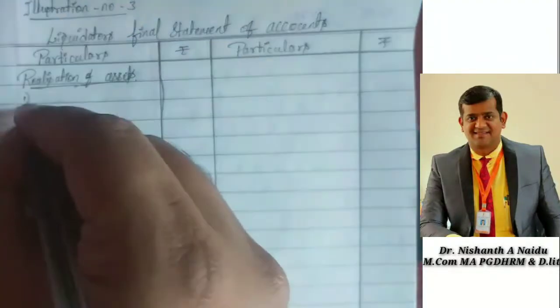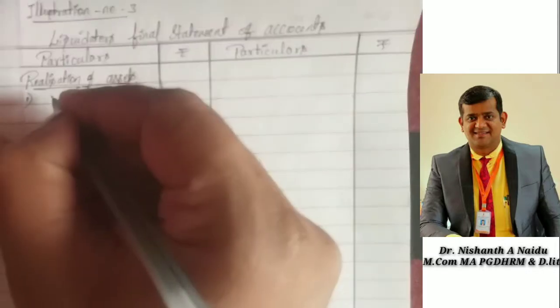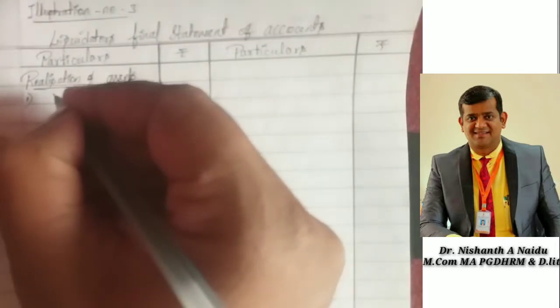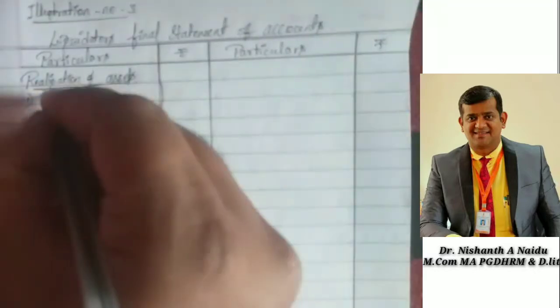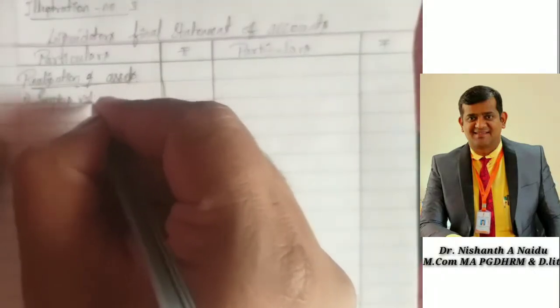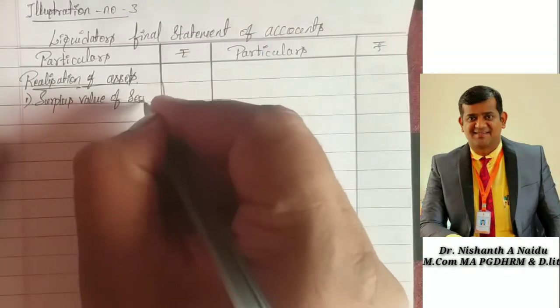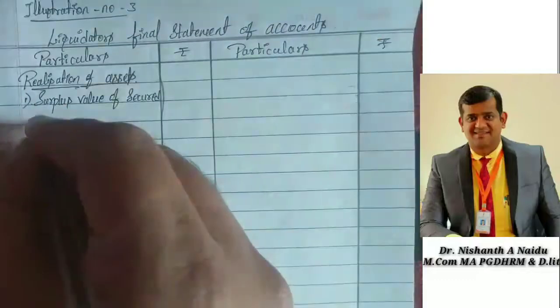Under that, the first point we always write is surplus value of secured assets. Correct? Surplus value of secured assets.